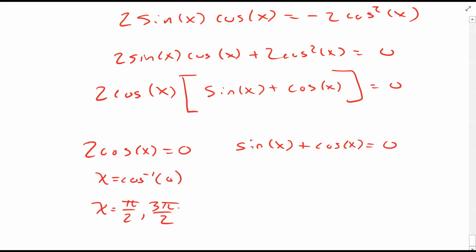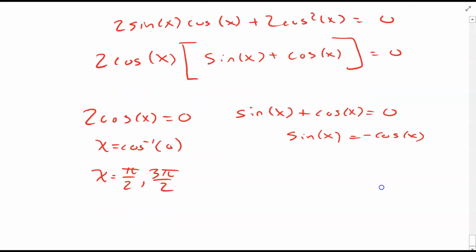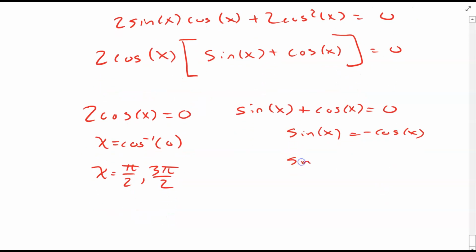What about sine x plus cosine x? What am I going to do with that? I'm going to make a tangent. So the way I'm going to do that is I'll subtract cosine from both sides, and then I'm going to divide by cosine.